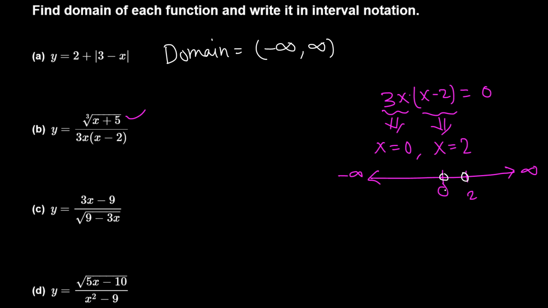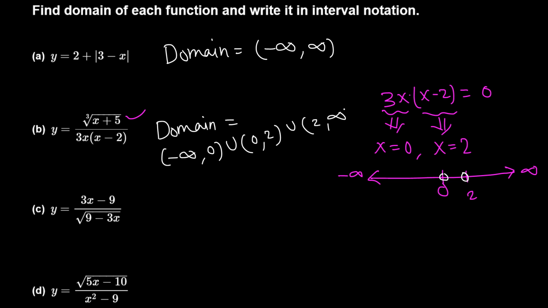Negative infinity through 0, 0 to 2, and 2 to infinity. So the domain is negative infinity through 0, 0 to 2, and 2 to infinity. 0 and 2 are not included.